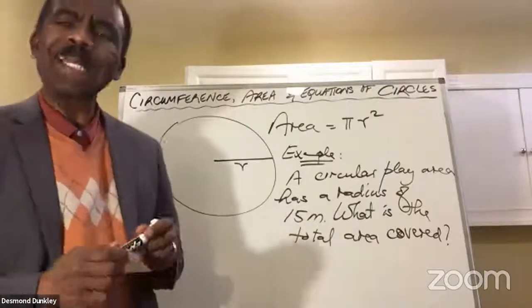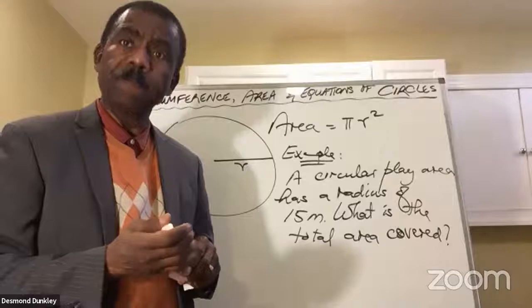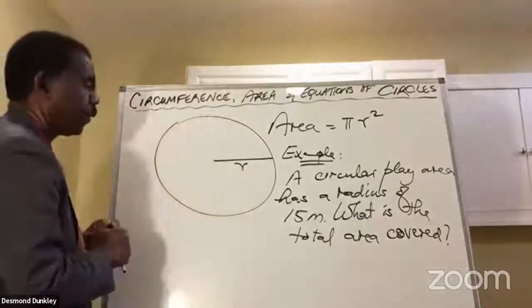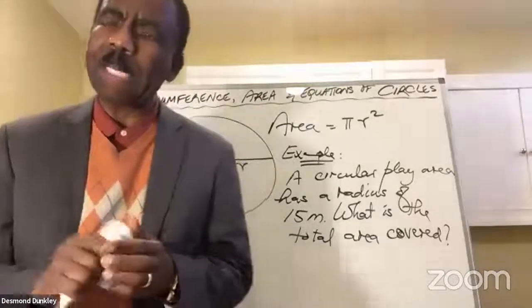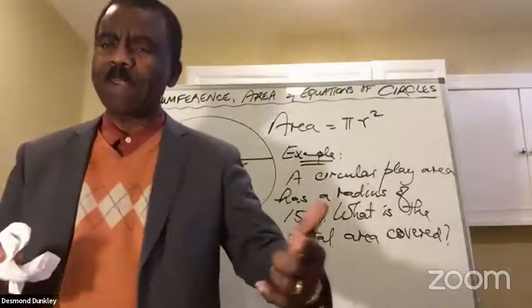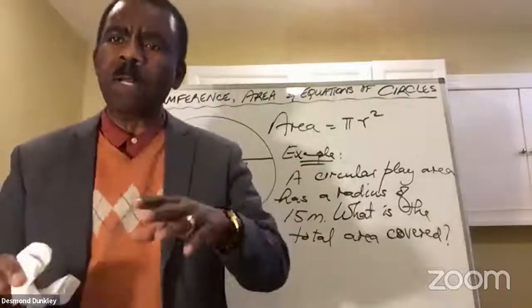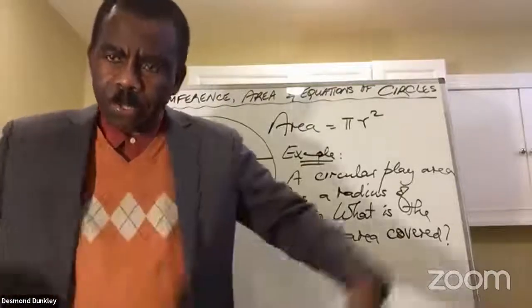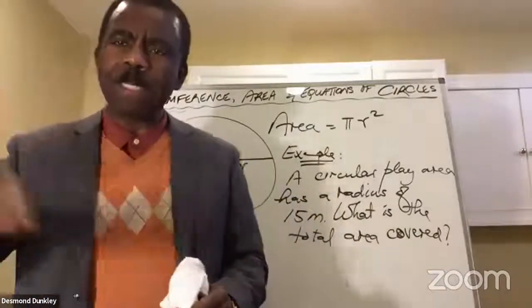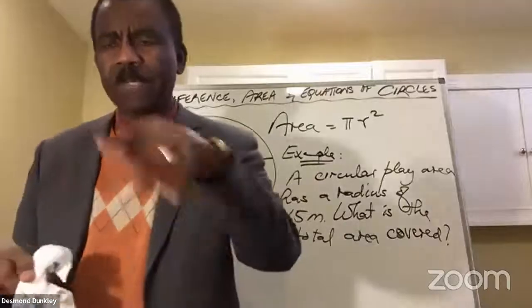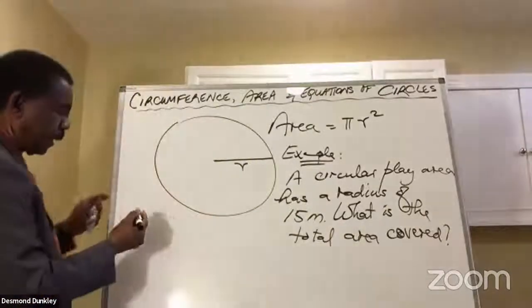What is the total area covered? Okay, so an example you could have is a circular reception area, or the dance floor in a ball is circular. How much carpet is needed to cover that circle? Stuff like that.